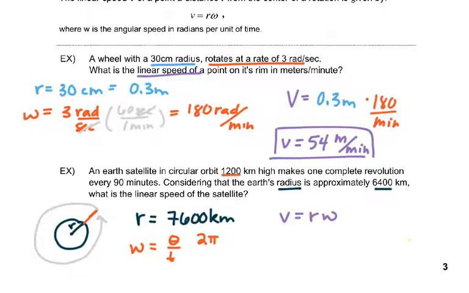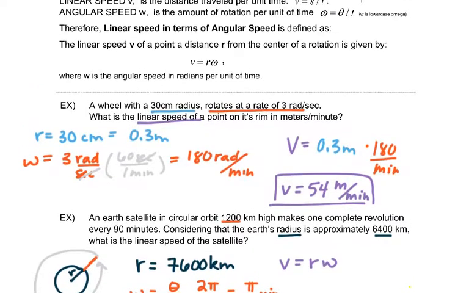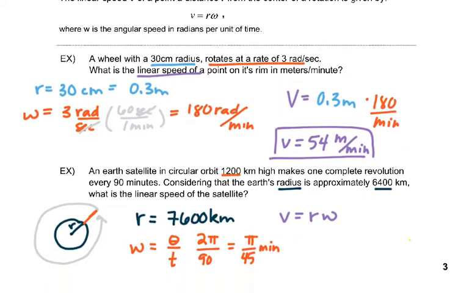Remember, these calculations work in radian value, so 2 pi radians divided by 90 minutes. And that's going to give me pi over 45 per minute for omega. And omega is my angular speed.